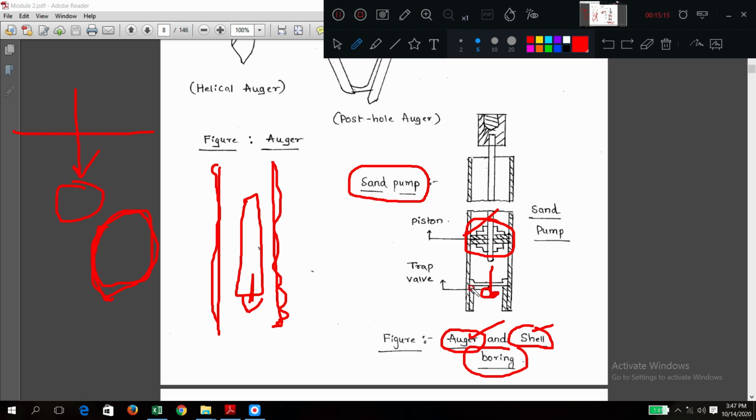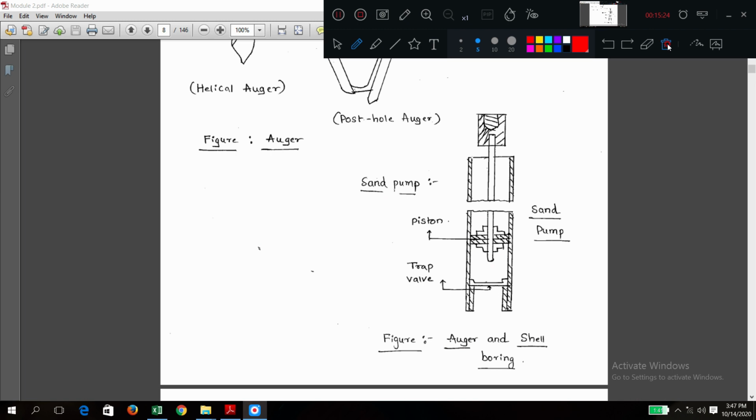What do you mean by this trap wall? When it is going downward, it can be open so that the soil gets inside and is trapped.